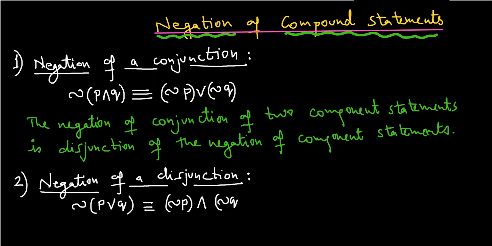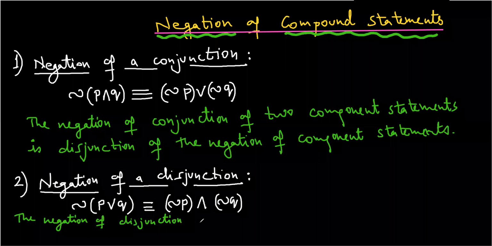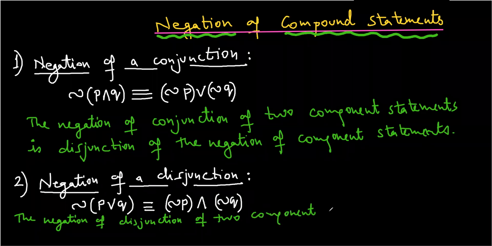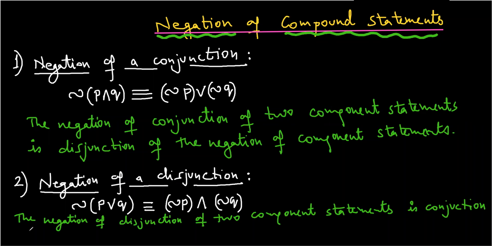The negation of a disjunction of two component statements is the conjunction of their negations.